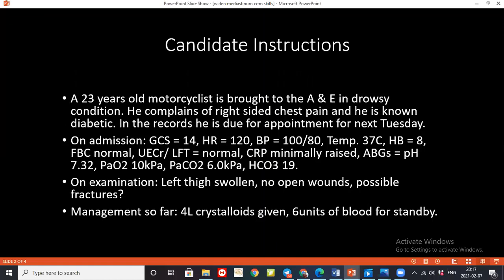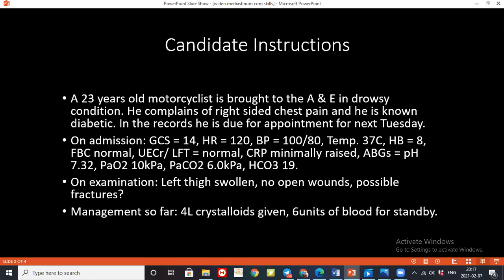If not responding, give 1 liter of crystalloid. If still not responding, blood transfusion. Then, why do you think the patient is having metabolic acidosis? Because the patient has a closed fracture of the femur with compartment syndrome as a possible cause, and maybe due to hemorrhagic shock, and the patient may be diabetic, so maybe diabetic ketoacidosis.